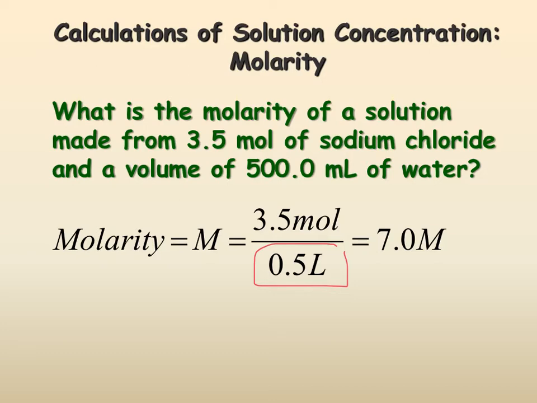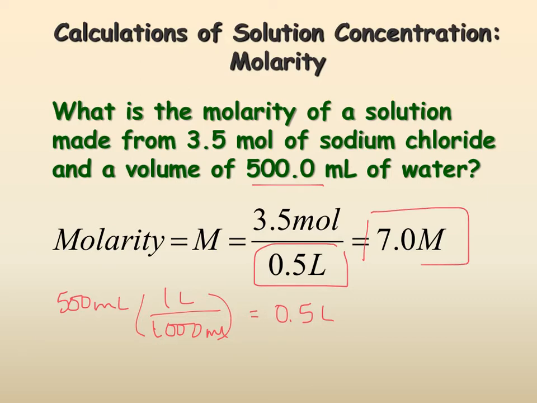So 500 milliliters divided by 1,000 milliliters per 1 liter gives you 0.5 liters. Technically it's 0.5000 because of your sig figs in this number, but 3.5 only has 2 sig figs. So in the end, when you do 3.5 divided by 0.5, your molarity is 7.